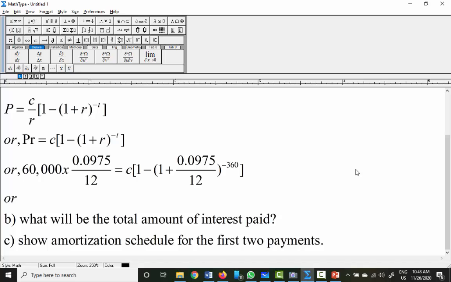Now first of all we will multiply these two and get the figure.